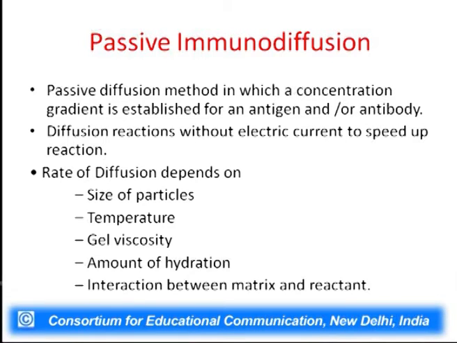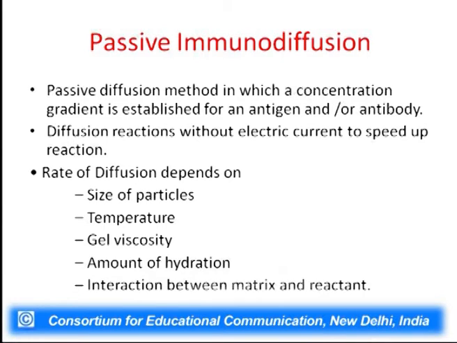This concentration gradient will depend on the diffusion through the gelatin or the gel which has been prepared, and it is the network through which the antigen and antibodies have to pass. The diffusion will always depend on the electrical current, but the rate of diffusion of the particles will depend on the size of the particle, because if my gel is very concentrated, a particle of a larger size cannot go through it.